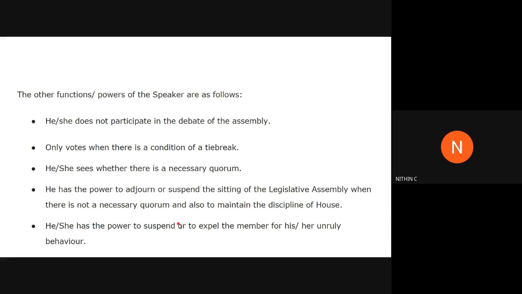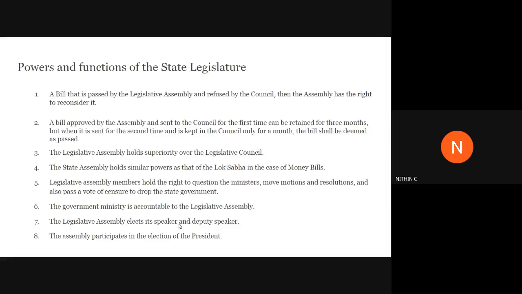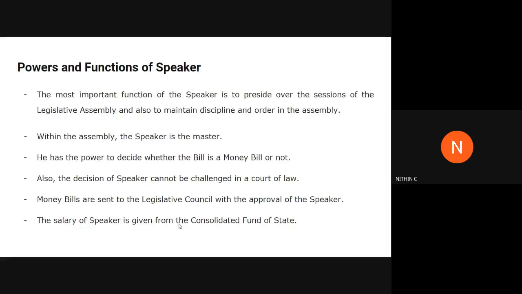So he has the power to suspend the member of legislative assembly if he or she is found to be involved in unruly behavior. If he sees anything unlawful, he has the power to suspend or expel the member from the assembly. So these are all the main powers of speaker. Try to remember them point wise.